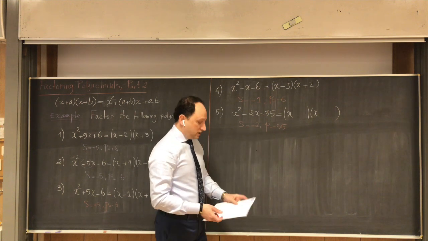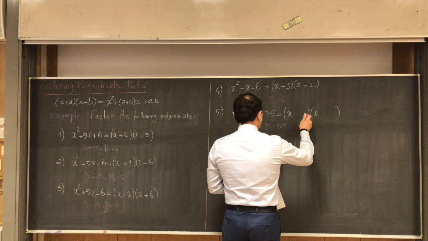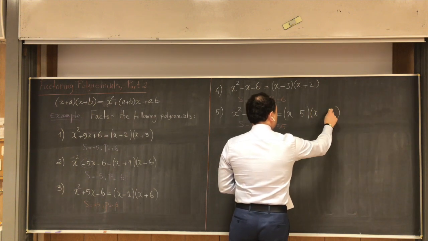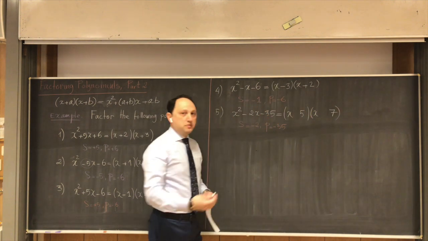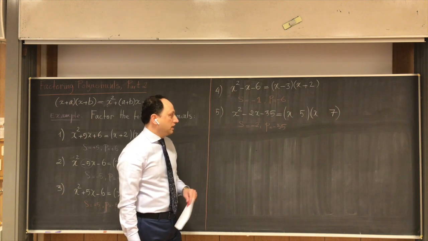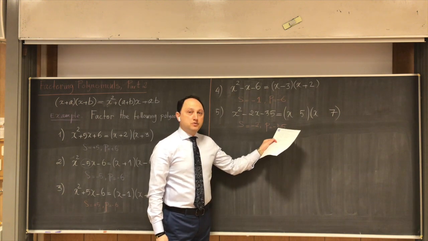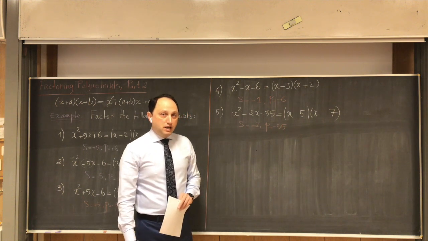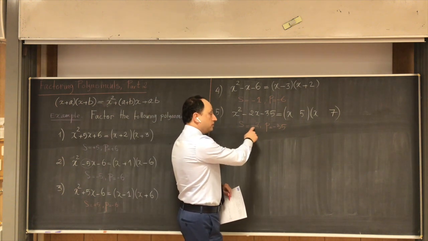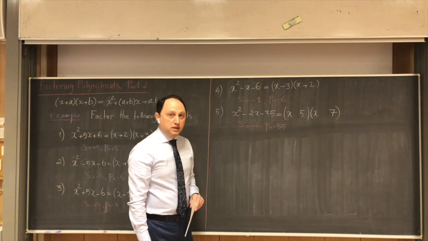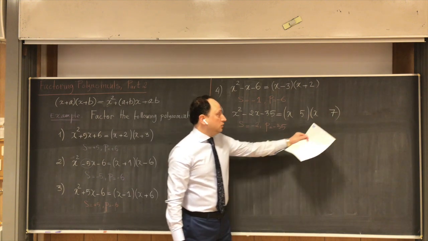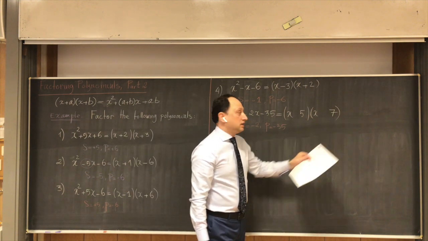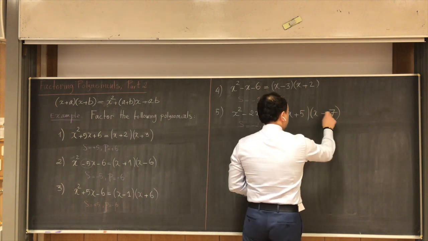So maybe you could guess that one of them is 5 and the other one is 7, because 5 times 7 gives me 35, but you know that the product is supposed to be negative, so one of them should be positive and the other one should be negative. And then because the sum is a negative number, actually the bigger one should contain the negative sign. So this becomes positive, this becomes negative.